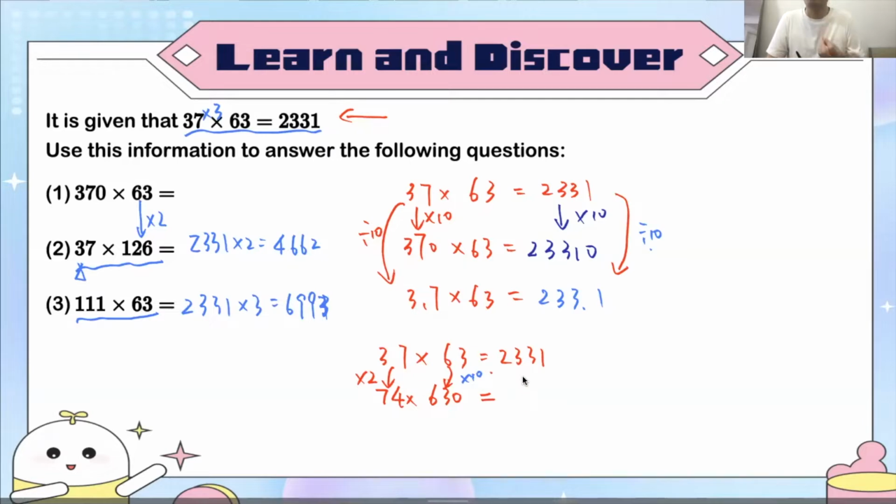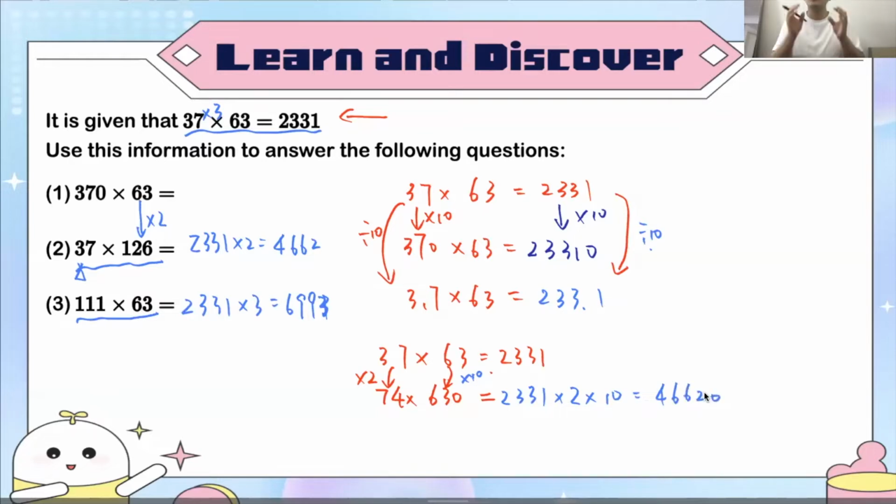When we do one change, we do the same operation on the product. If we do another change, we need one more step of the same operation. That means 2,331 times 2 times another 10. I think most of you already found the answer. The result is 46,620.